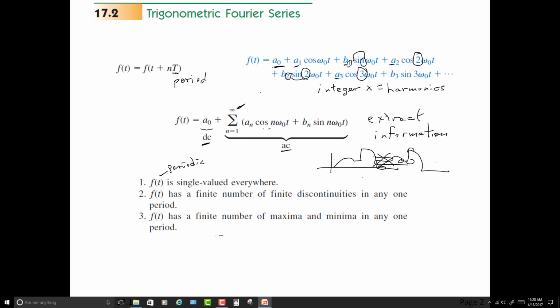Also, notice the word finite keeps coming up again and again, the number of maxima and minima in any one period. One of the points of emphasizing these things right away is these things are pictorial.